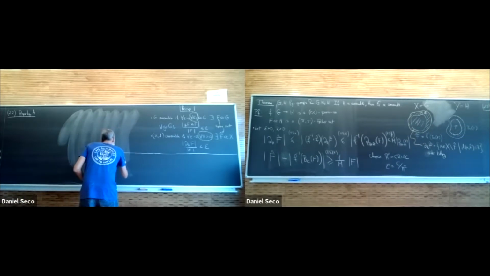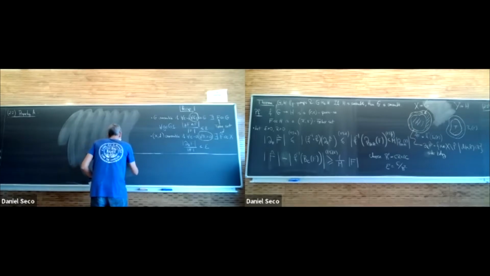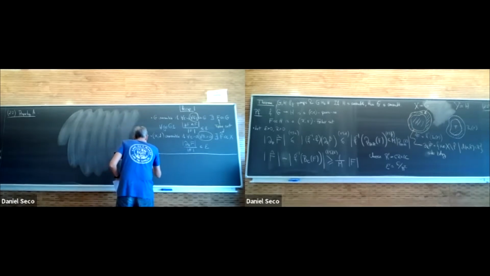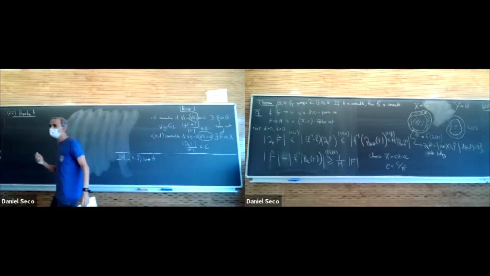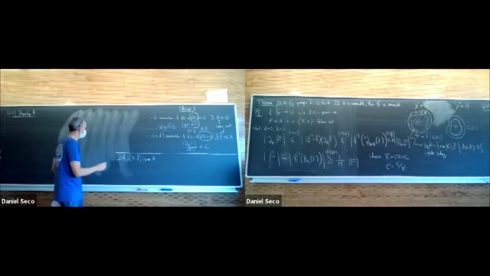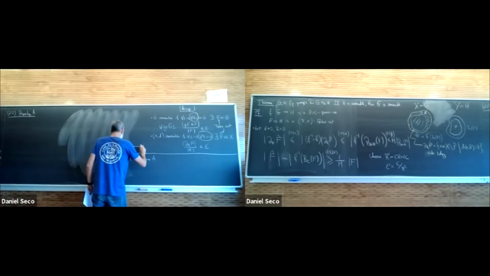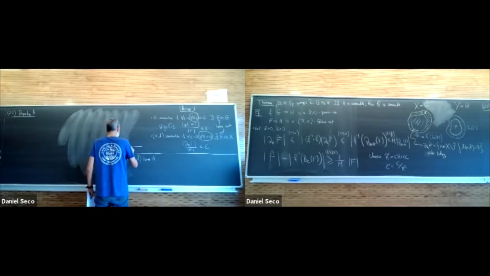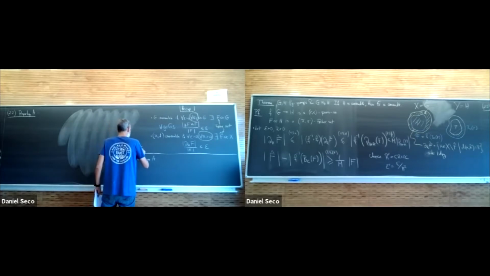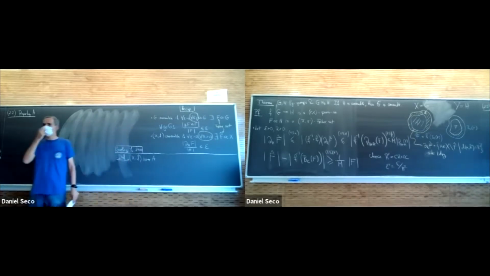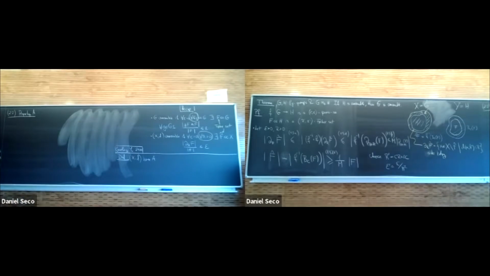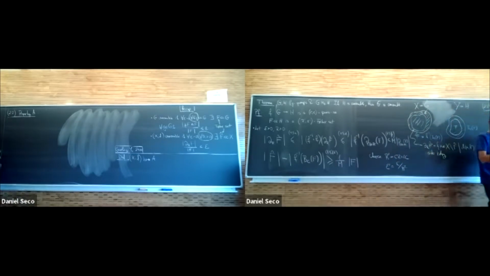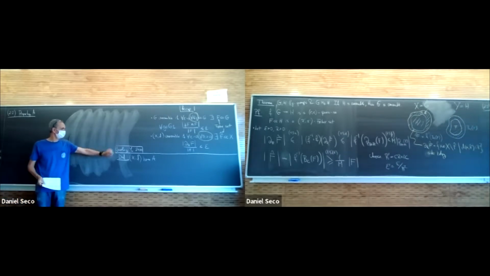Definition: (X,d) has property A. This was introduced by Guoliang Yu in 2000, working on the Baum-Connes conjecture, which is a really difficult thing. But he invented this notion in this frame.